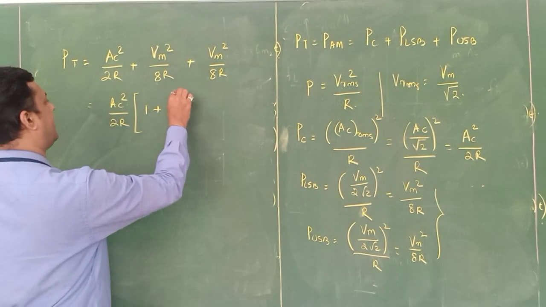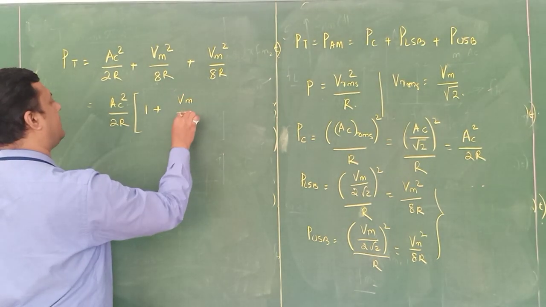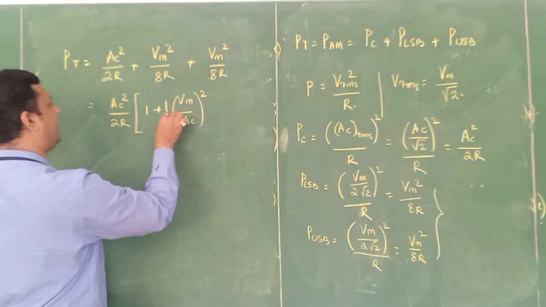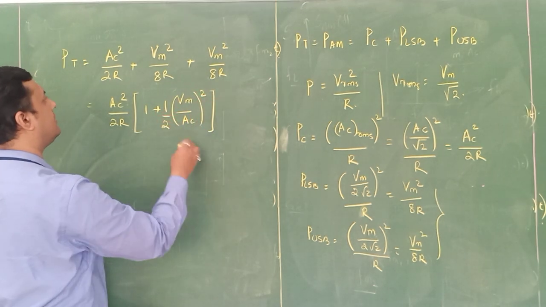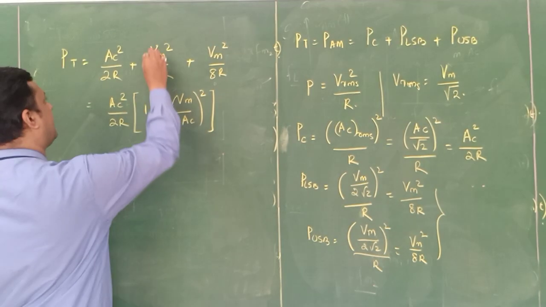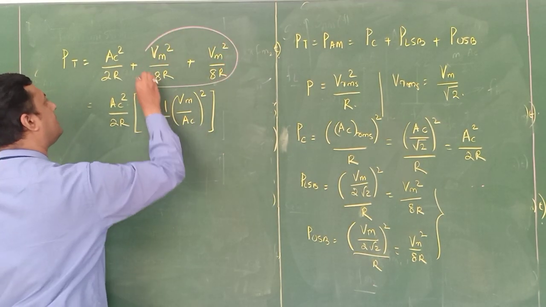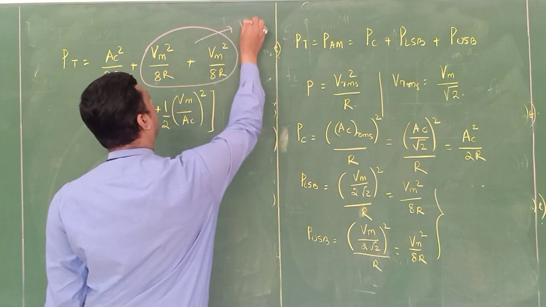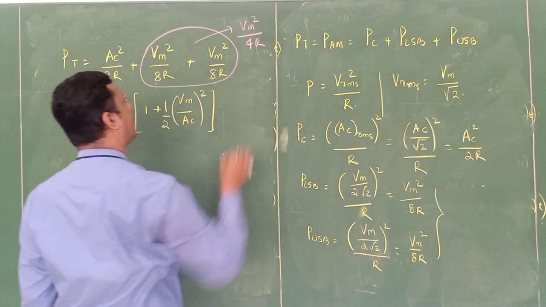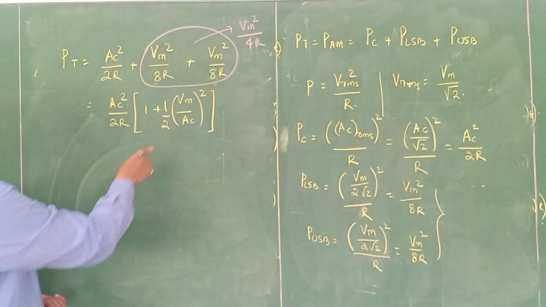So here I will get Vm divided by AC whole square and then a half. Because if I add these two, the resultant I will get is Vm square divided by 4R, that I have represented here.